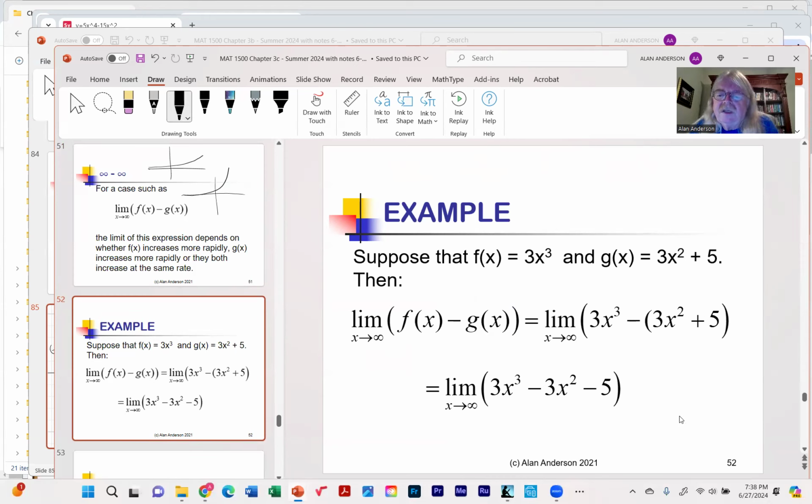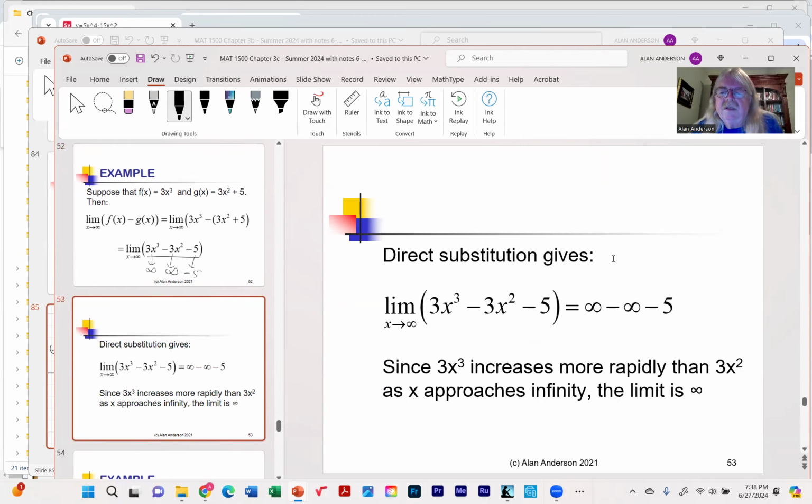So you can see when you've done all the algebra, we end up with this polynomial. And we know that this one solved directly gives us infinity. Well, now what do we do? Oh boy. Well, the way we look at it is this.